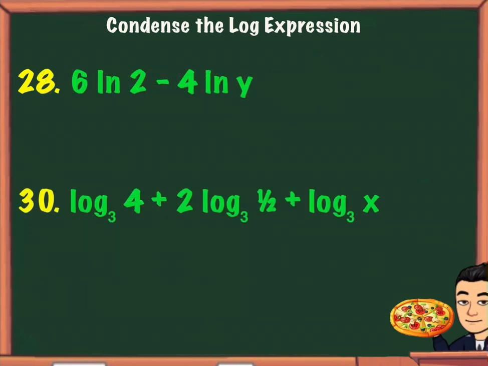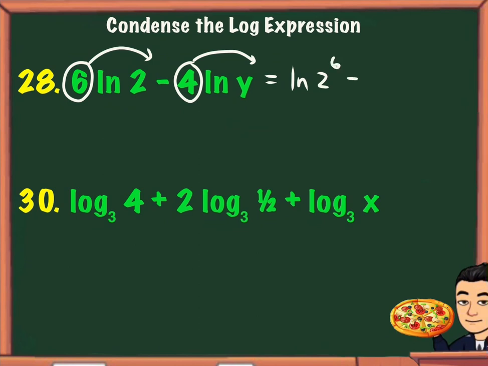Okay, let's check on number 28. So let's go ahead and start with the power property. So bring the 6 and 4 to become the exponent of 2 and y. So this is going to equal natural log of 2 to the 6th power minus natural log of y to the 4th power. So we know that 2 to the 6th power is going to be 64.